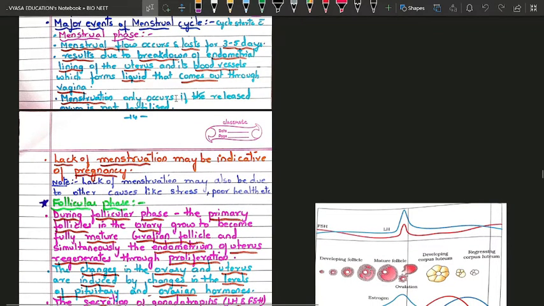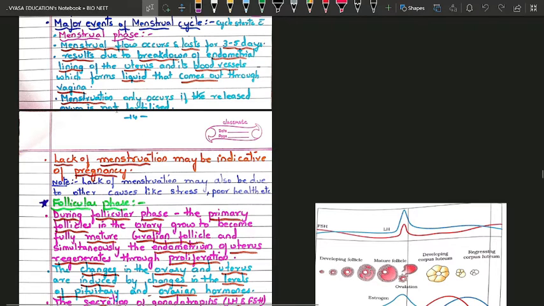Menstruation only occurs if the released ovum is not fertilized. Okay, this is very important. If the ovum is not fertilized with sperm, menstruation takes place. If menstruation has not happened, it means the ovum is fertilized and it leads to pregnancy. See here, lack of menstruation may be indicative of pregnancy.